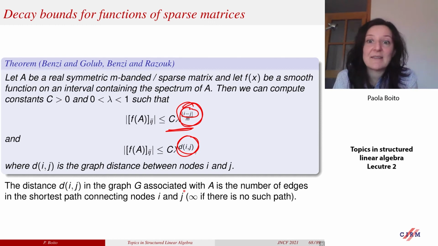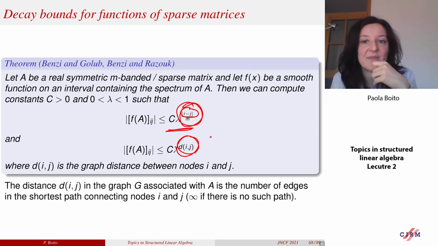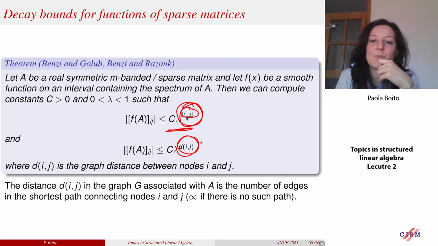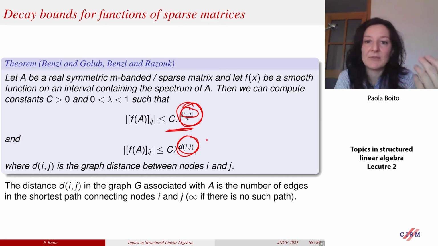On this graph, we can define a distance, which is the number of edges in the shortest path that connects nodes i and j. And if we replace this exponent with the graph distance, we still have that the ij-th entry of f(A) is bounded in absolute value by C times lambda to the power d_ij. This more general version allows us to have decay bounds that really mimic the sparsity pattern of the matrix.